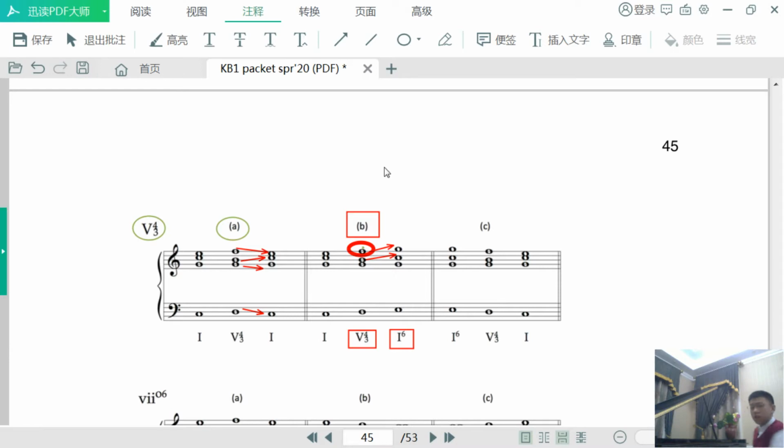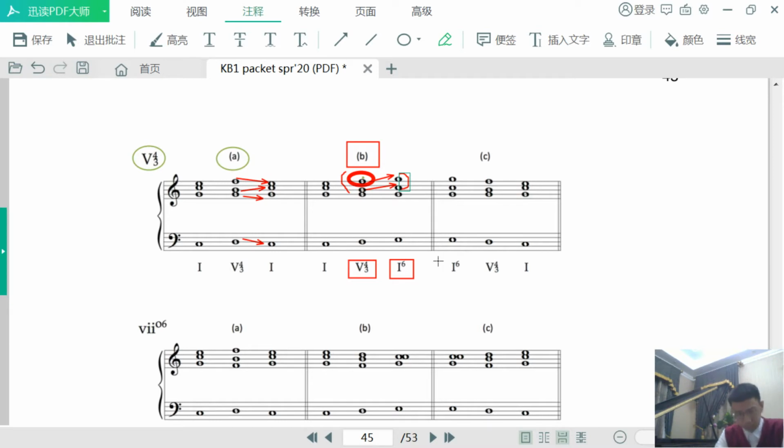Oh my god. If this case is in your part writing, you can imagine how many points you will lose, right? I know. It's kind of a disaster. And also the fifth is not resolved. Okay. And let me circle the perfect fifth right now.